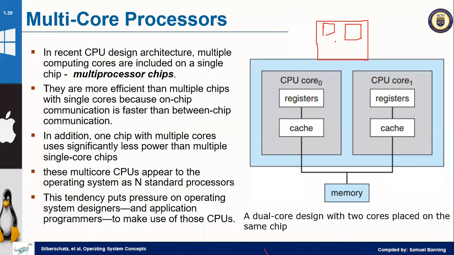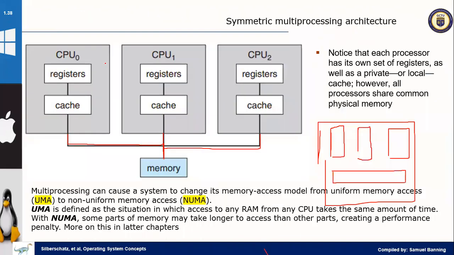What is the advantage here? If you compare this to this, here there is a lot of distance between the three processors. If they have to communicate, of course, they have to do everything in agreement. If there is a job, they have to decide which of these must take over the job.